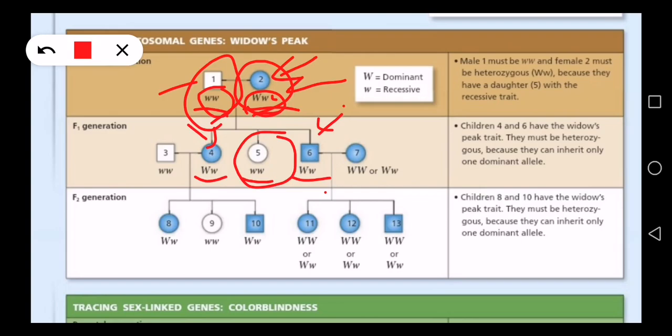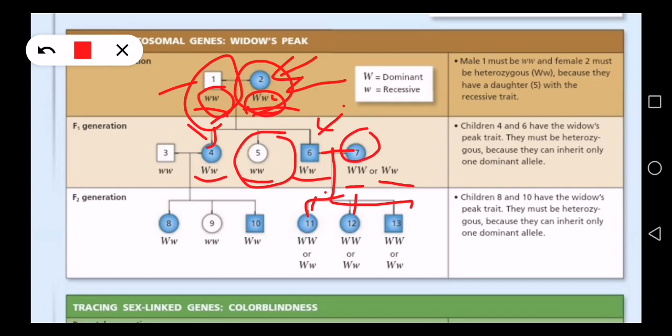Okay, now this man got married with a girl. She has the widow's peak but we don't know the genotype, whether it is W capital W small or W capital W capital. We don't know. The people who did this study didn't know the genotype of this woman in the family. Now all of their kids had the widow's peak.